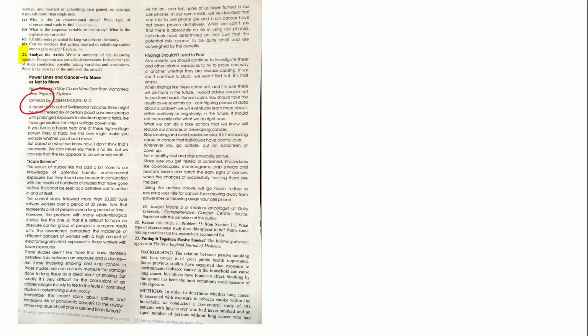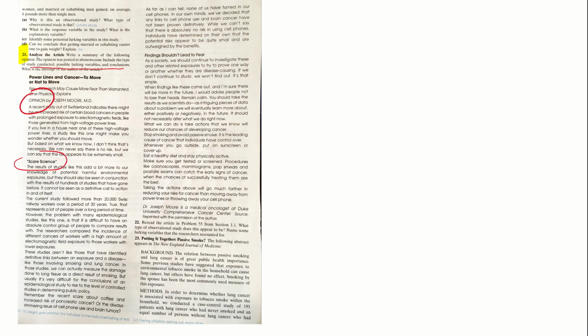You can't have a cell phone and people start to panic when the reality is it might be a very small study. Or just one study, and there hasn't been enough other supporting studies to support that. That's what he's talking about, scare science. Okay, and so I just want you to really just to kind of look and say, what type of a study is conducted? What are some lurking variables, and what conclusions can you really say?